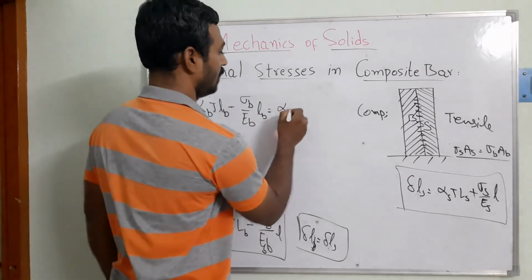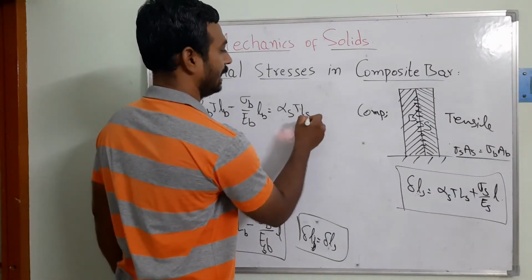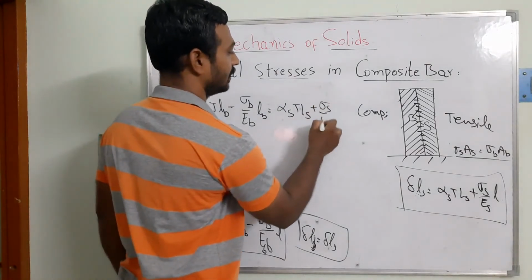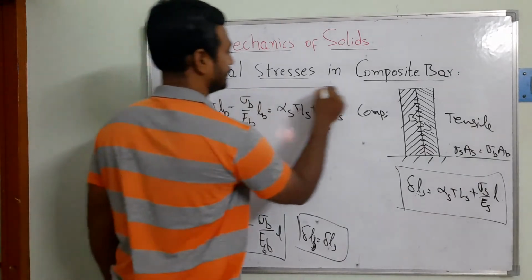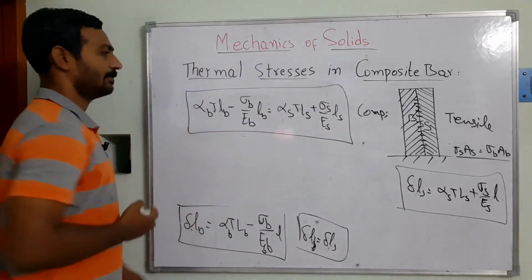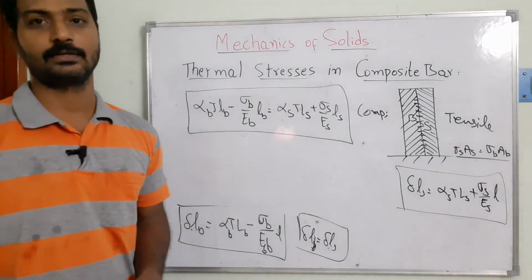So that is going to be alpha S T L S plus sigma S by E S L S we are going to be getting. So from this equation, we can find out the parameters we actually require, right?